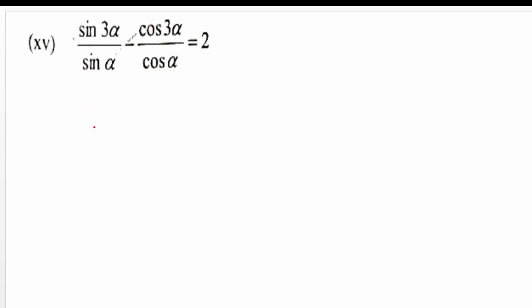Question 15 is in front of us here. So let me write the solution of this question. We need to take the left hand side here. Left hand side of this question is sin 3 alpha by sin alpha minus cos 3 alpha by cos alpha.